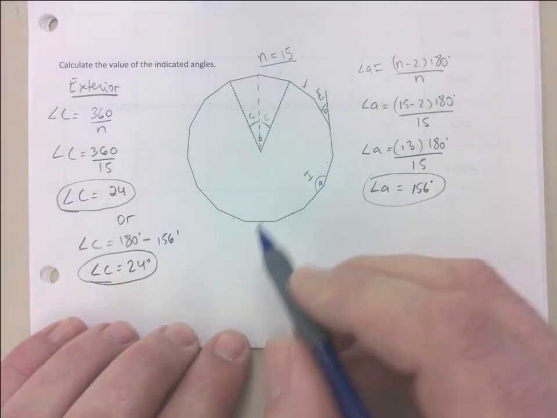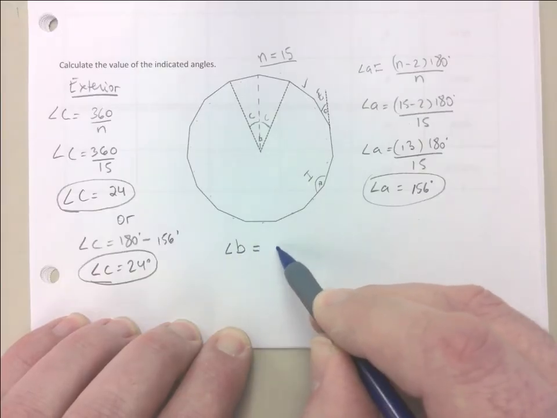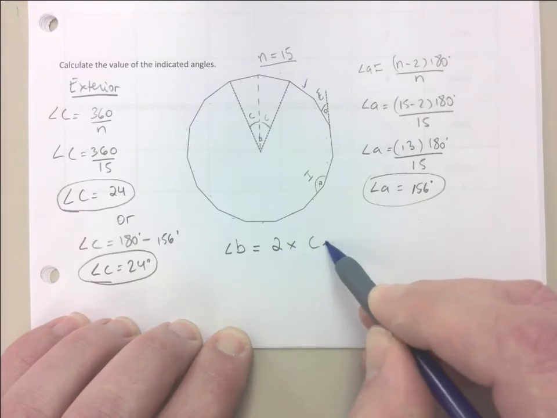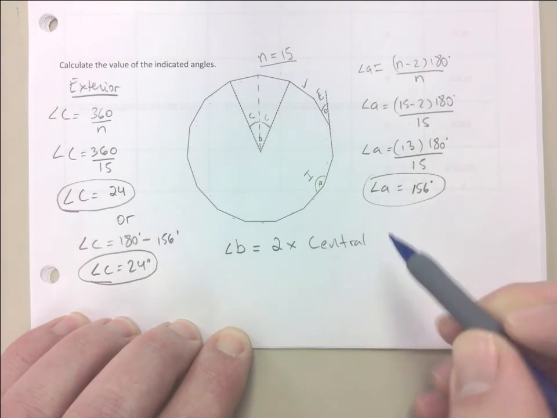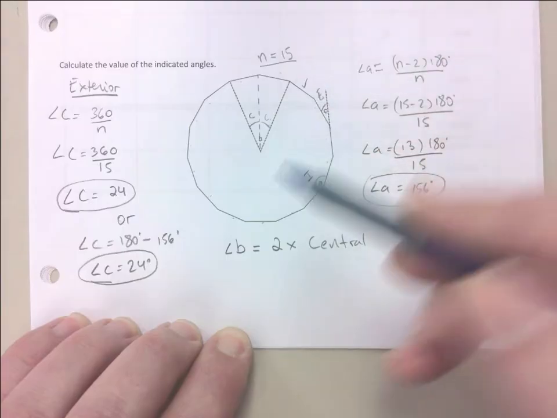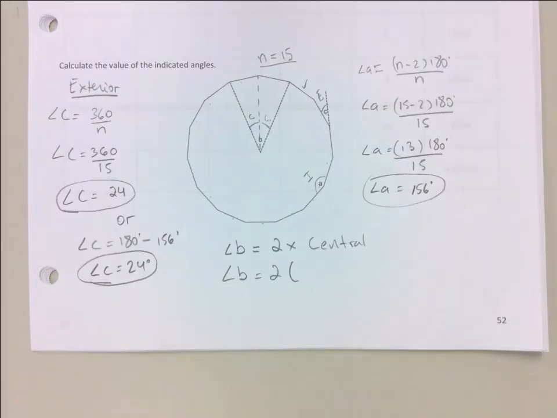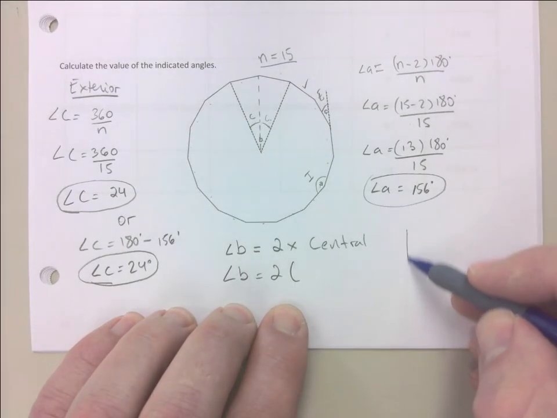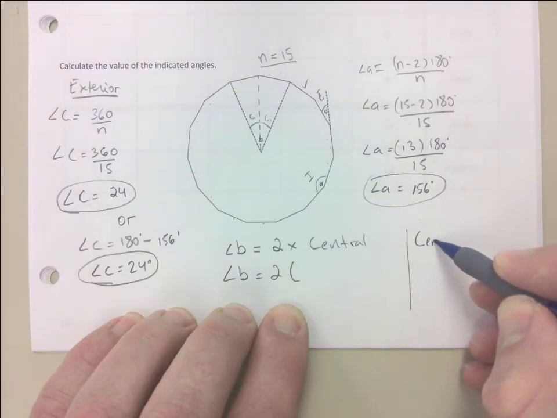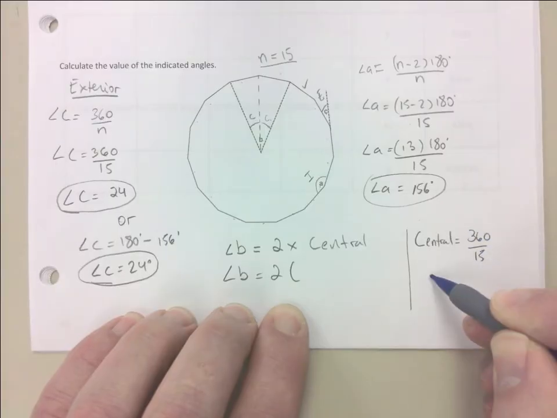Okay? Next, angle B. Angle B is the equivalent of 2 times whatever the central angle is. Because I already showed you yesterday that B is made up of 2 central angles. So that's 2 times, let's figure out what a central angle is. I'll do that on the side here. Central angle is 360 divided by 15.